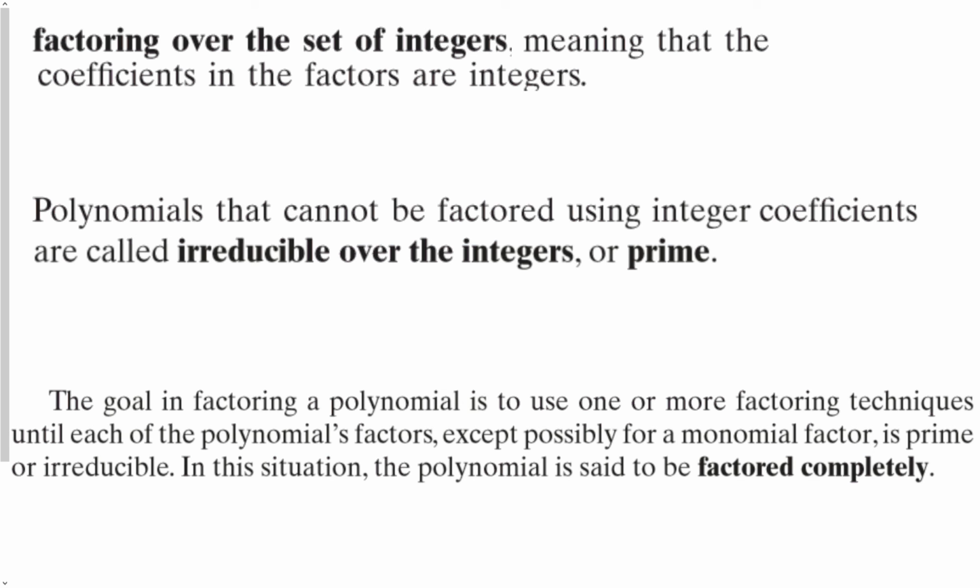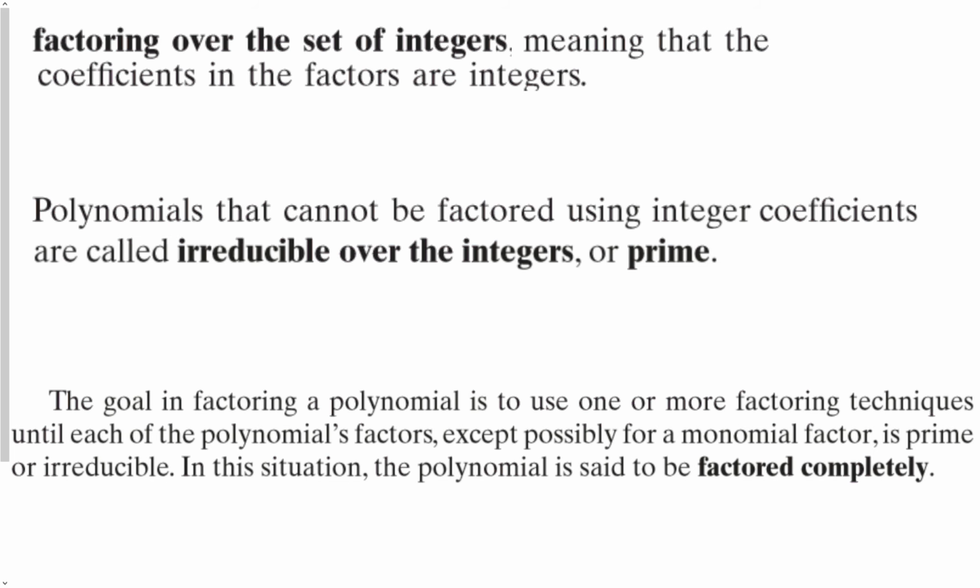If we reach a polynomial that cannot be factored using integer coefficients, it's called irreducible over the integers, or better, prime. Our goal for factoring a polynomial is to use one or more factoring techniques until each one of the polynomial's factors, except possibly for a monomial factor, is prime or irreducible. In this situation, we say that the polynomial is factored completely.